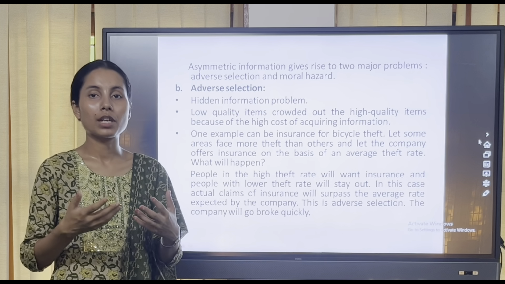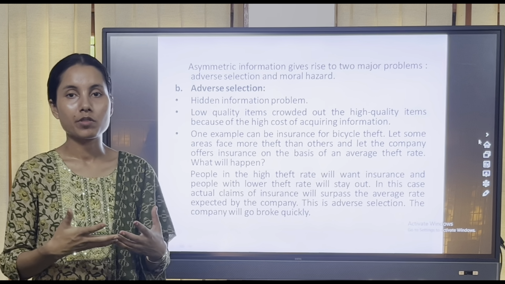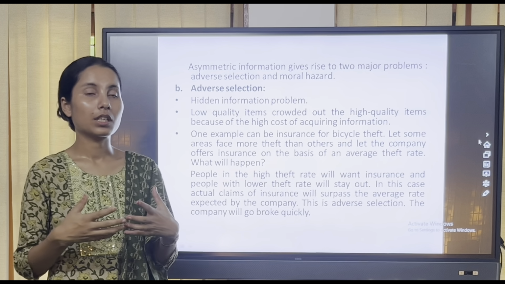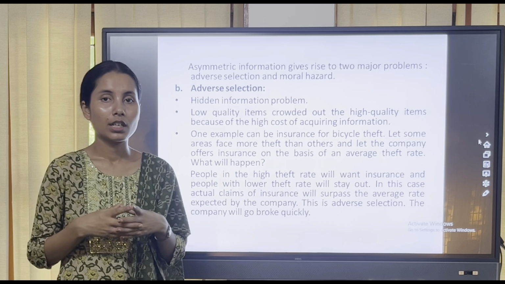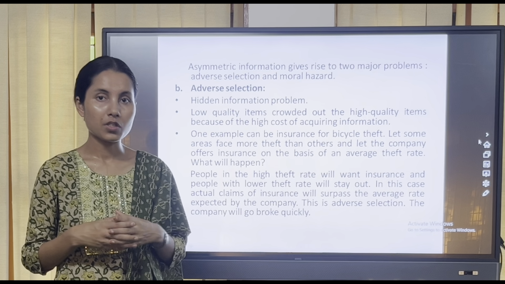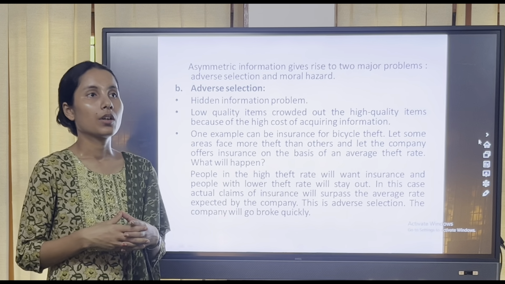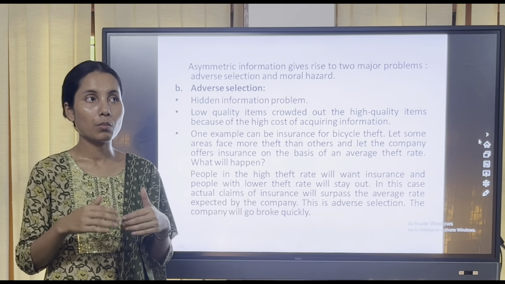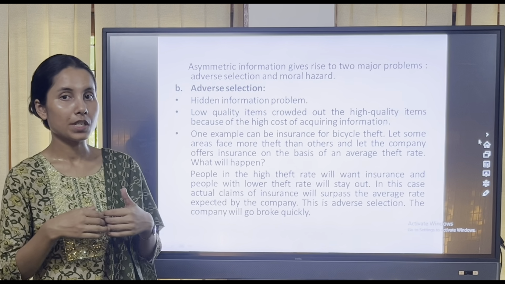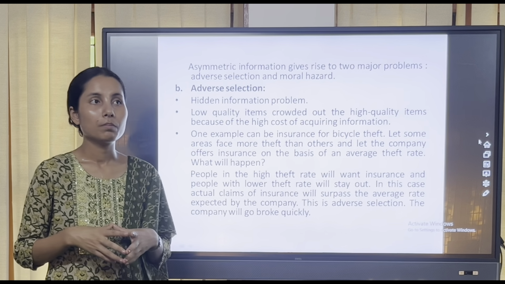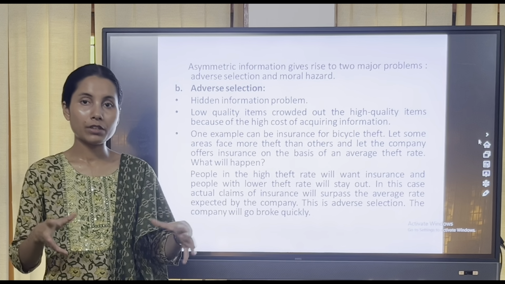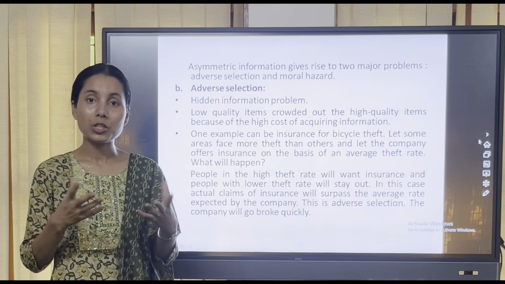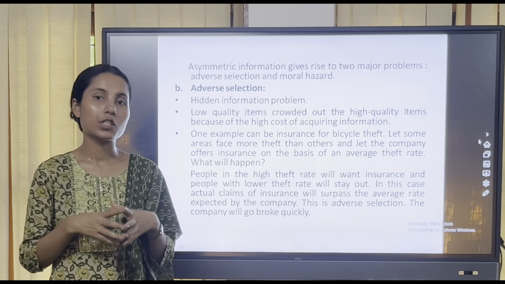But in actuality, what will happen? Who will claim that insurance? If you are living in an area where bicycle theft generally does not occur, then are you going to buy that insurance? No, right? If I am living in an area where bicycle theft is more frequent, then will I buy that insurance? Yes, I will. So all the people living in areas where bicycle thefts are occurring in large numbers will end up buying the insurance policies.